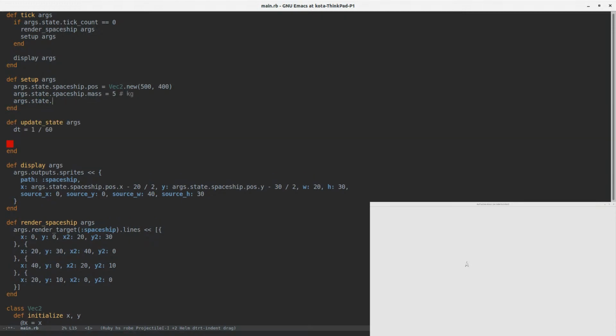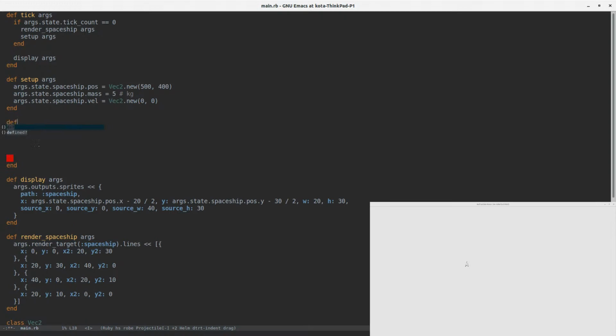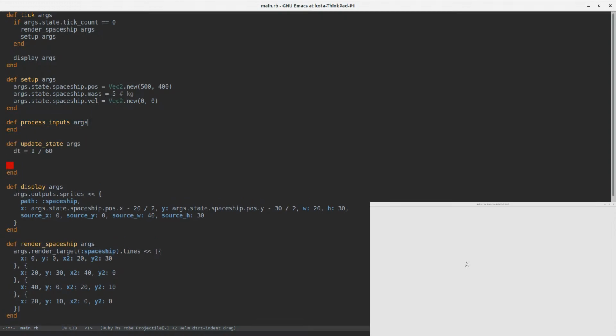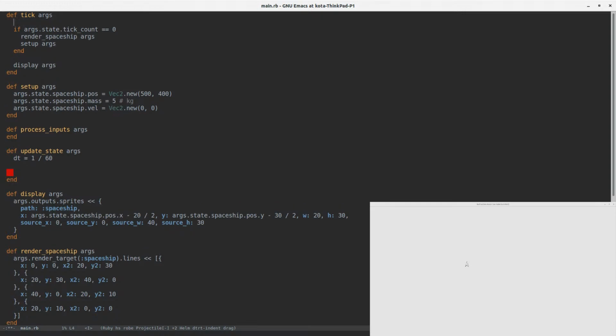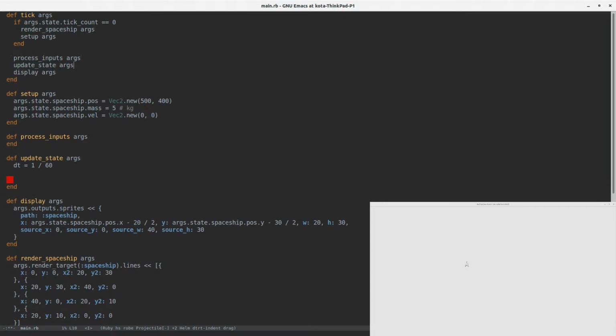And then this also has a velocity. Velocity, call it vel, and we'll have it go at 0 initially. Right? Yeah, the dt. So we have a spaceship velocity, and we'll also have an input here. We'll just put this down here, process inputs, args, and we'll do update state on args as well.